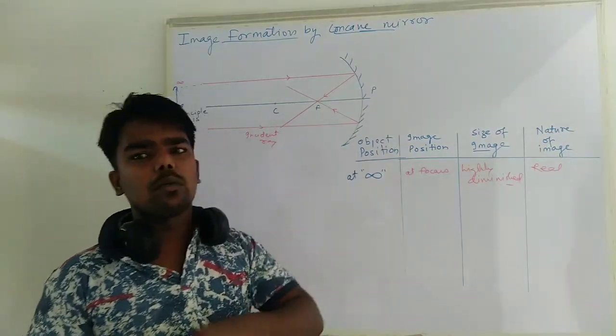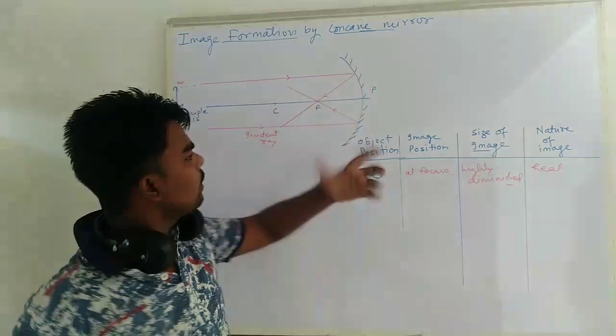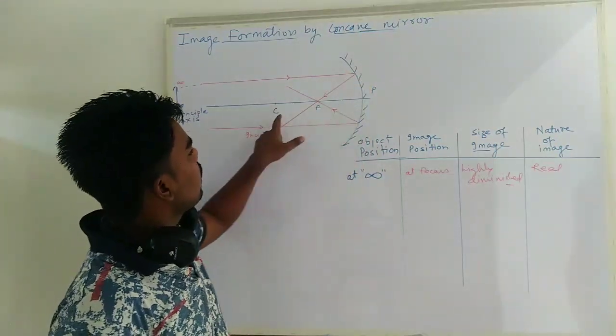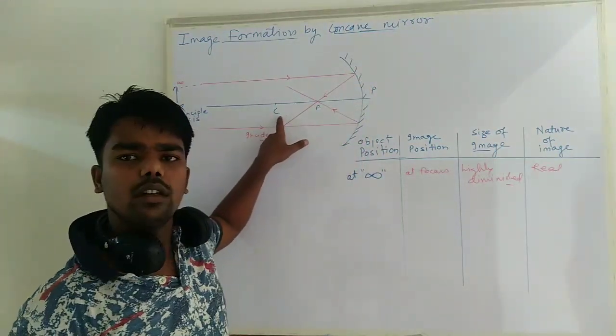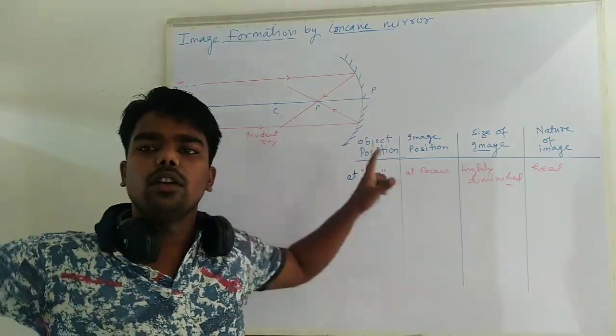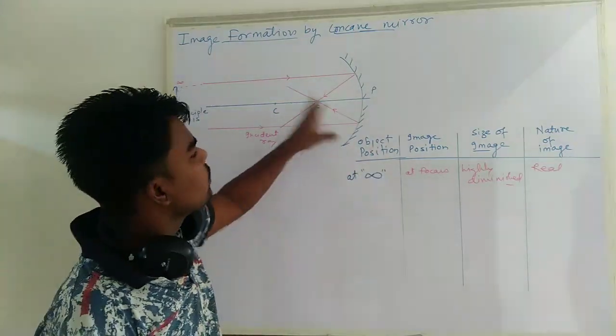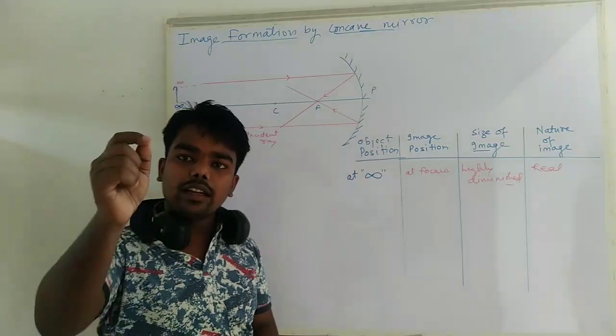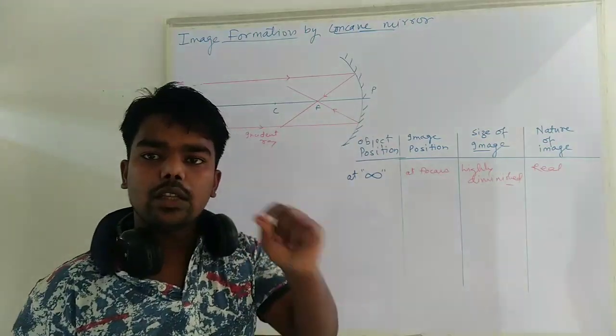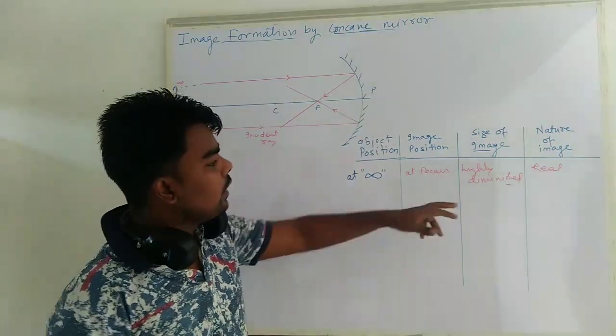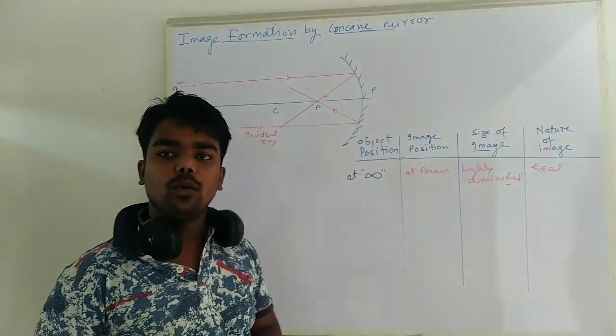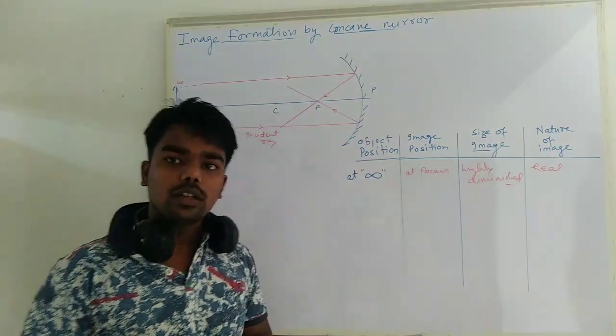So infinity does not mean very much far away; it means the radius of curvature is very much smaller compared to the distance of the object. Then the image will form at focus, and it will be highly diminished as well as real. So that was the first case.